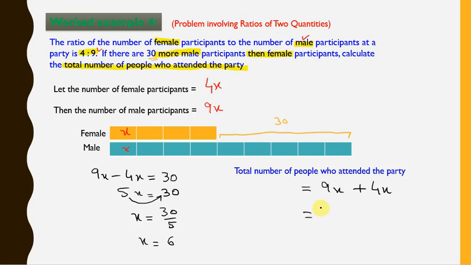Now we have 9, and as you can see, x is 6, then plus 4, and instead of x I will put 6 over here. When we add it together, the answer will be 78. 9 times 6 plus 4 times 6, you add these values and you get the answer, which is 78. That is the total number of people who attended the party.